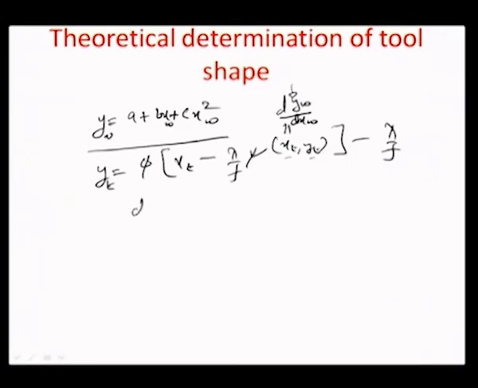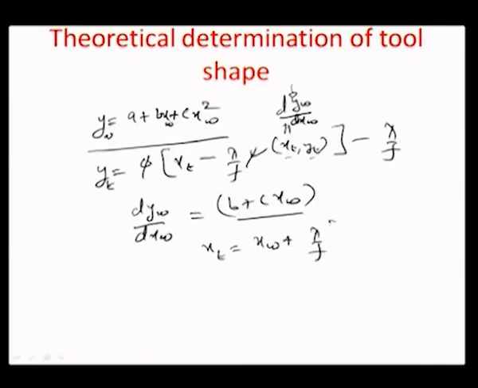We already know that dyw by dxw is equal to b plus cxw, and we are aware that xt is actually equal to xw plus lambda by f times dyw by dxw, which means it is equal to xw plus lambda by f times b plus cxw.